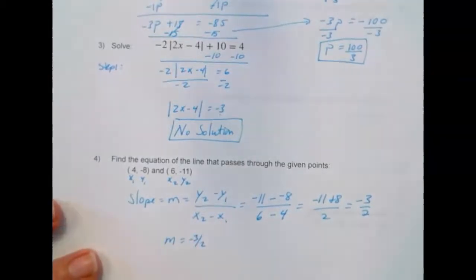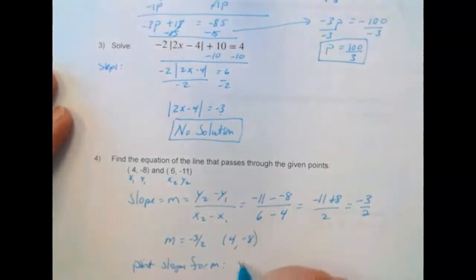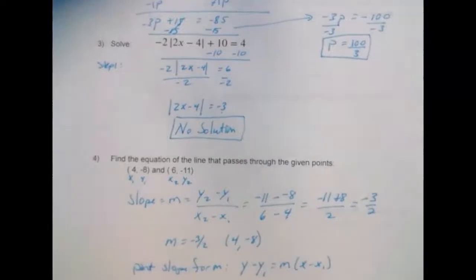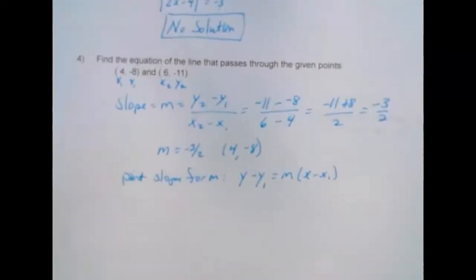You pick one of the points. It doesn't matter which one. I'm going to pick the first one. And then I'm going to put it in point slope form, if you remember that at all. We've been talking about that for the last few days. Point slope form is y minus y1 equals m(x minus x1). So using that formula in point slope form, hang on, let me move this down.